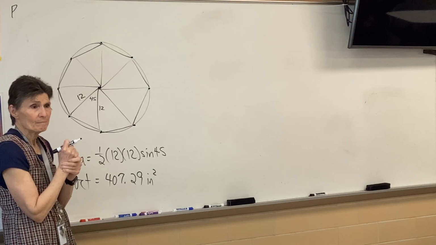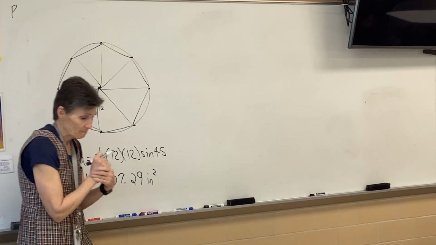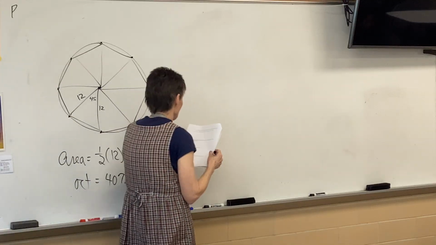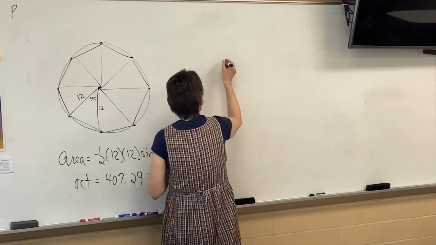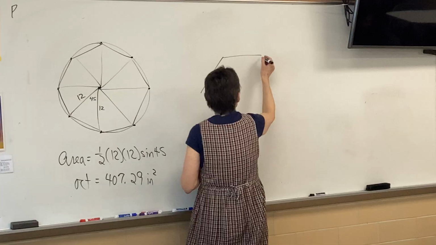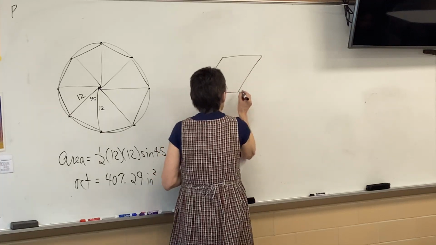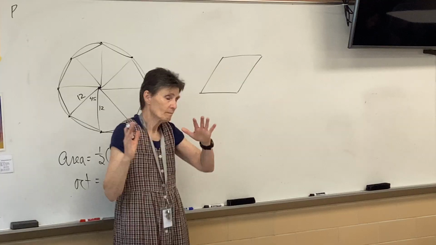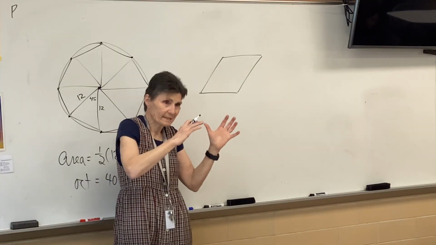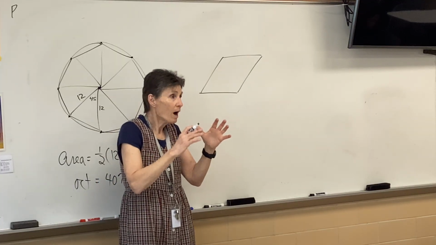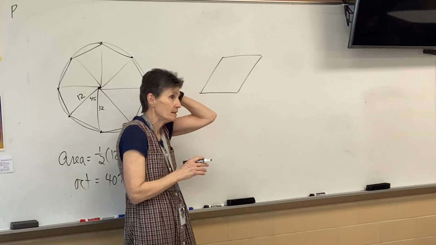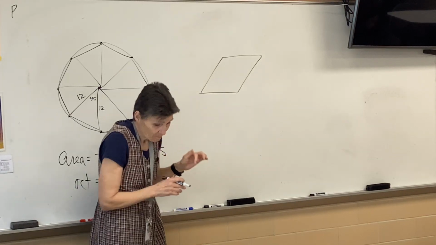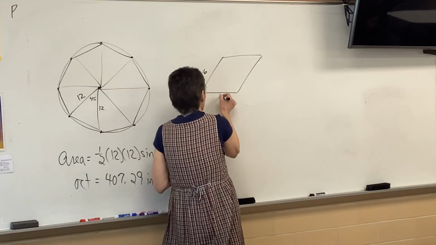So here we go. All right. Find the length of the shorter diagonal of a rhombus. A parallelogram is like a tilted rectangle. A rhombus is a tilted square. So a rhombus has all sides the same.